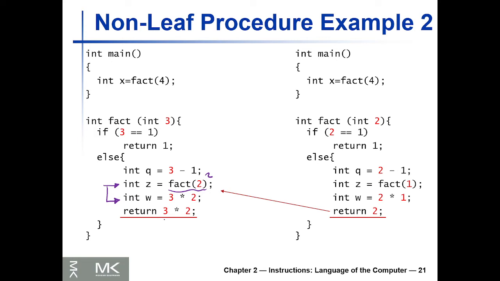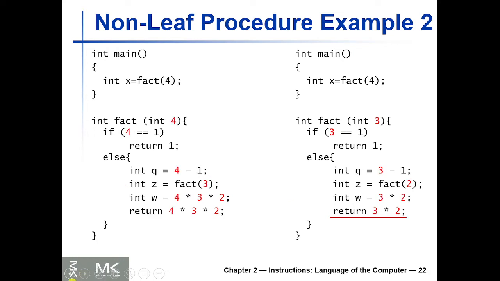So I'm gonna leave it 3 by 2 to show you that at the end we're gonna have 4 multiplied by 3 multiplied by 2. Then we're gonna return this. Return to what? Return to int fact int 4. Here it is. So we stopped here. Now we go back to the caller. The caller was int z equal to fact of 3.